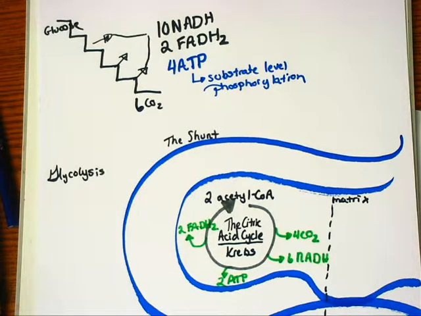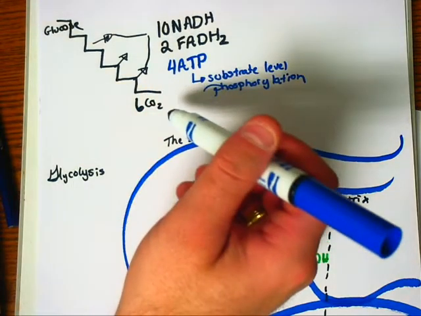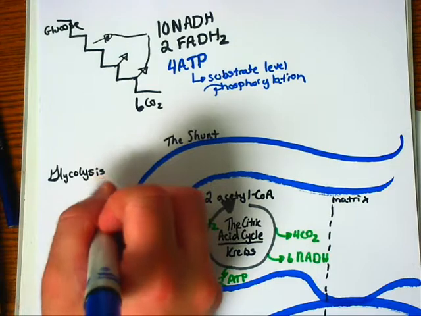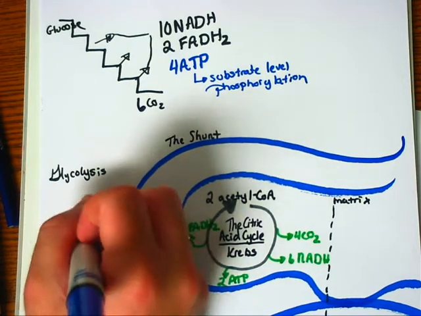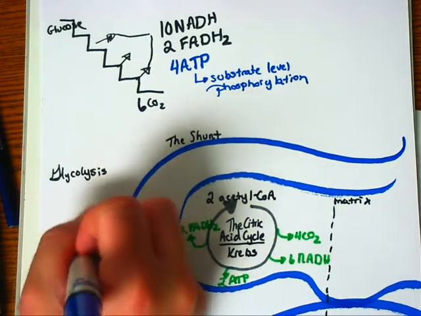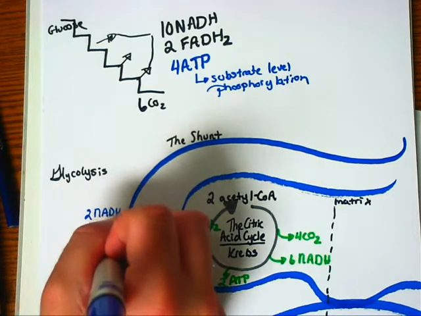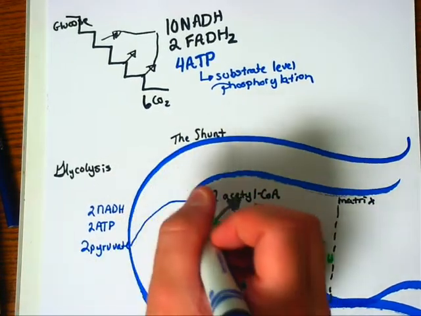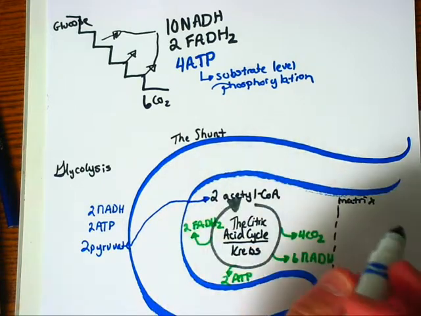Where did you say that this occurred? All these 10 that are made. Remember in glycolysis you had made 2 NADHs, you had made 2 ATP, and you had made 2 pyruvate, correct? Then you did the shunt to take your 2 pyruvate in and form 2 acetyl coenzyme A from that.